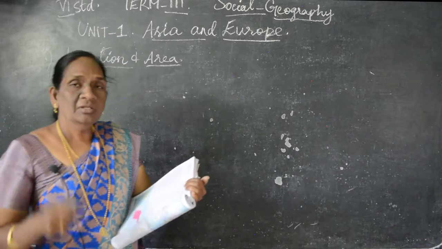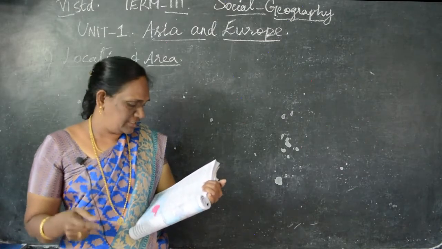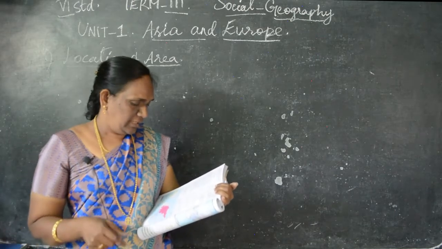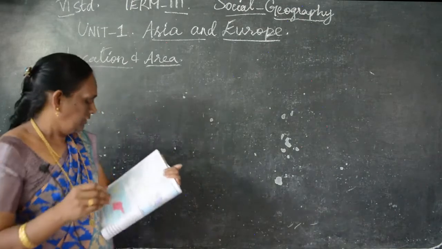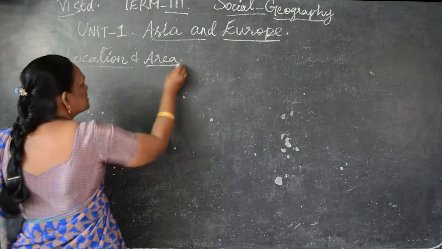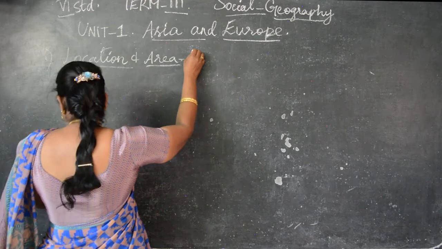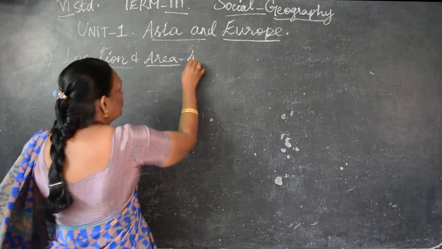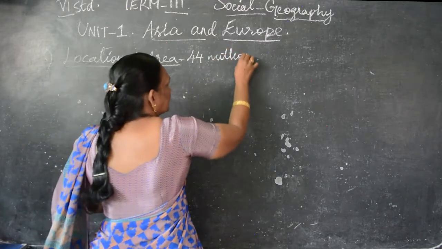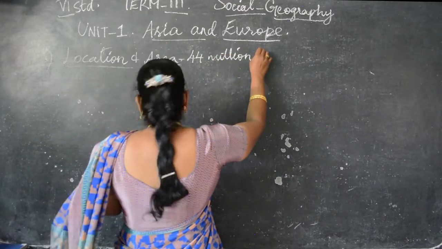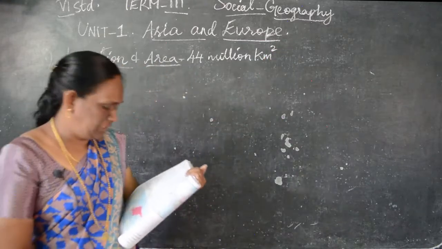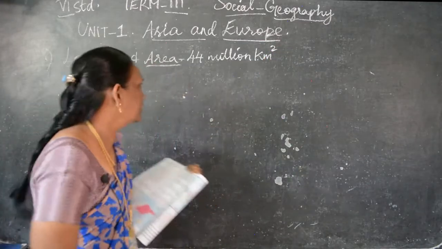And also 26°2' east to 169°40' west longitudes. And it spreads over an area of 44 million square kilometers. How much is the area? It is an extent of 44 million square kilometers. Understand?